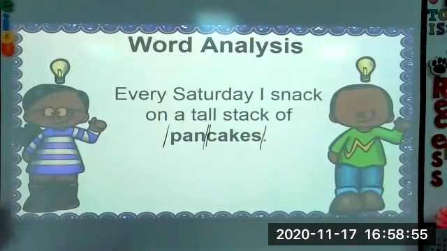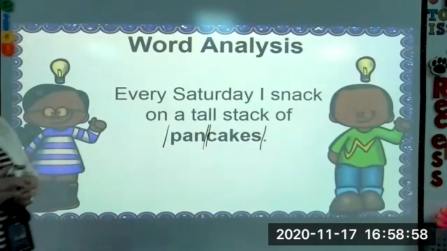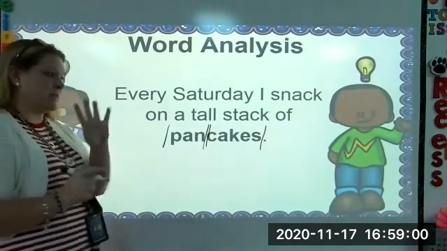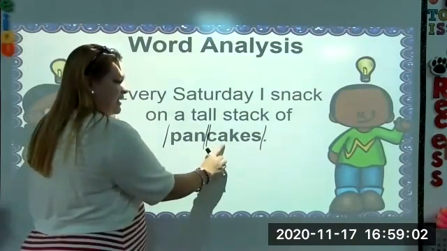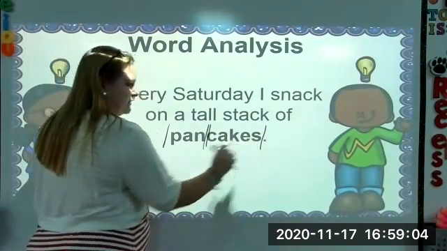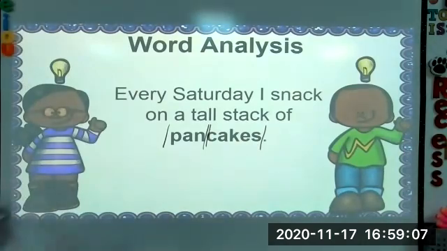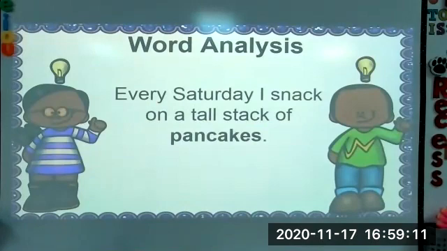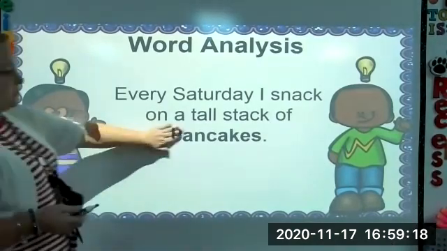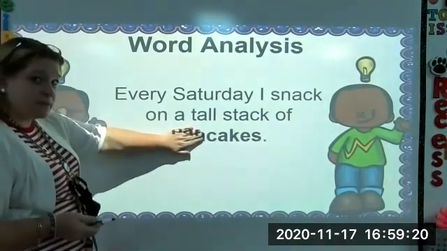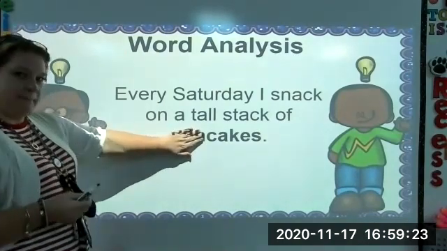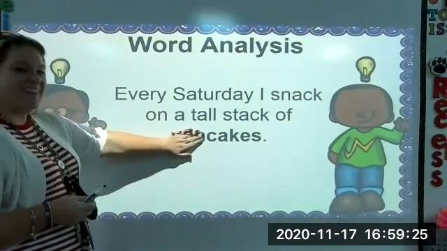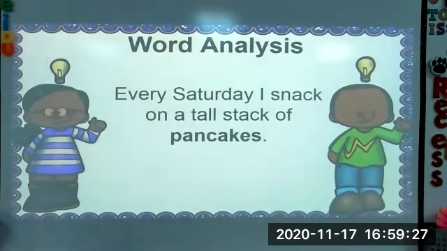Say it slowly to yourself and listen carefully. We hear 4 sounds. I hear k, a, k. I hear 4 sounds. Good. Okay, so if I were to change part of the word pan, I took this part and I made it say cup, what would my new word be? It would be cupcakes. Good.